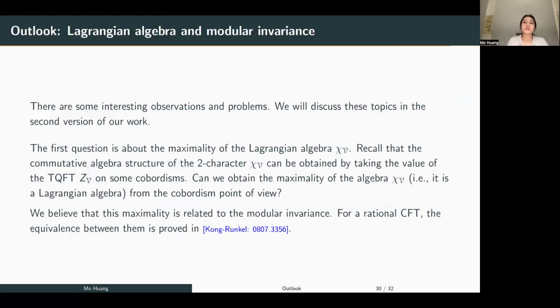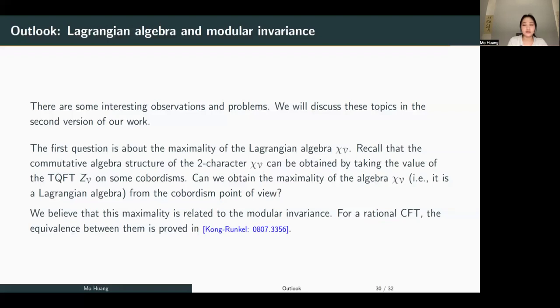There are some interesting observations and problems. We will discuss these topics in the second version of our work. The first question is about the maximality of the Lagrangian algebra chi V. Recall that the commutative algebra structure of the 2-character chi V can be obtained by taking its value under the TQFT Z_V on some cobordisms.